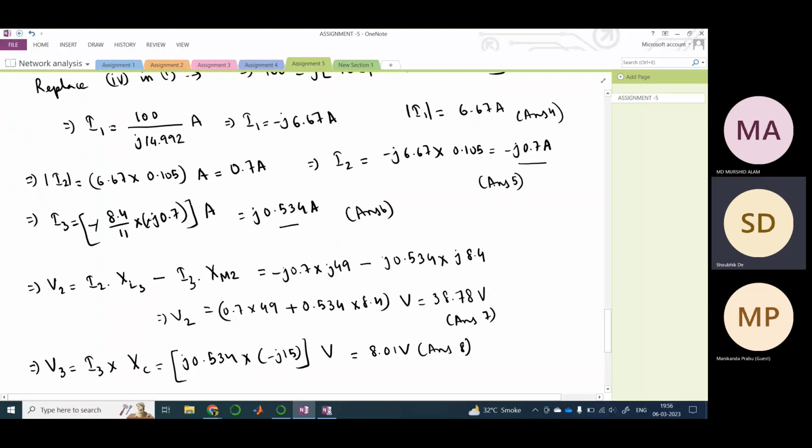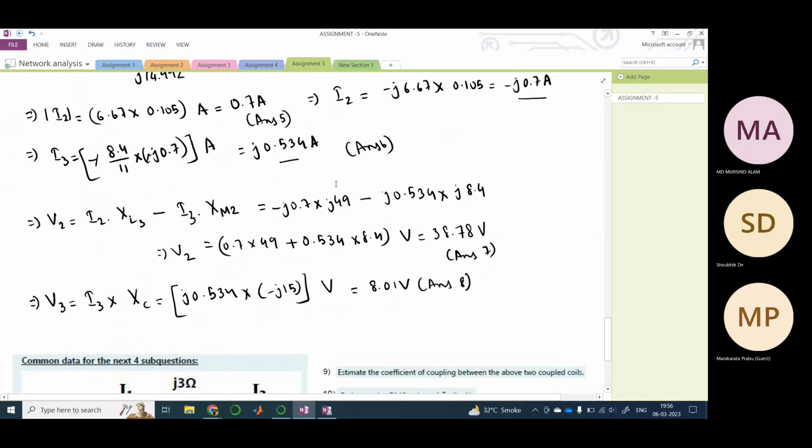Or rather, this is answer 5, because you need to calculate the RMS value. So I'll just stop here, and if you have any doubt regarding how we calculated V2 and V3, you can ask.